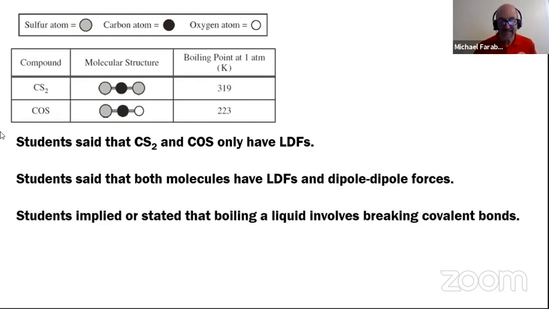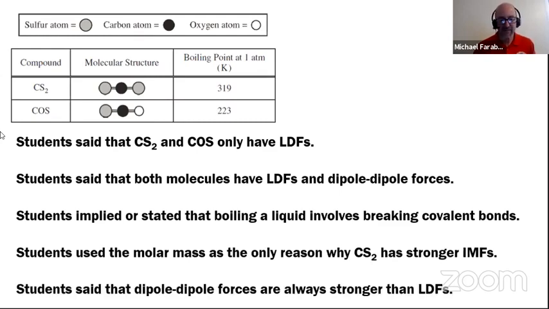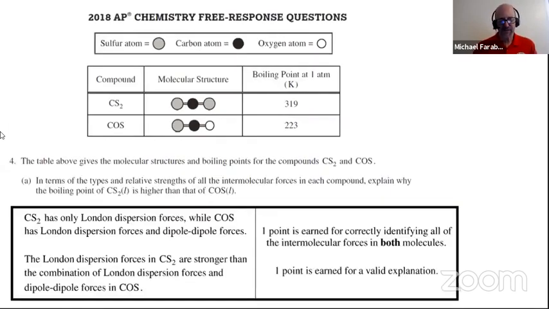And of course, that misconception that I mentioned earlier, some either implied or stated explicitly that boiling a liquid is breaking up the covalent bonds within the molecule. Some talked about molar mass and that CS2 is heavier. That's not a good explanation. And some, even though they had the data staring them in the face, still managed to say that dipole-dipole forces are always stronger than LDFs. So this is the official answer.